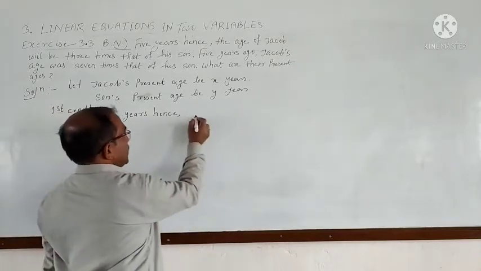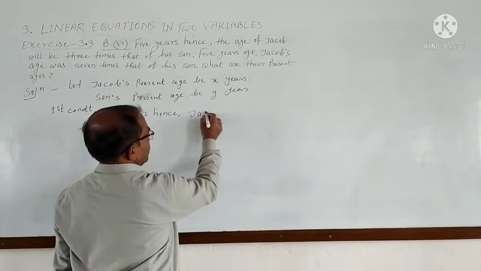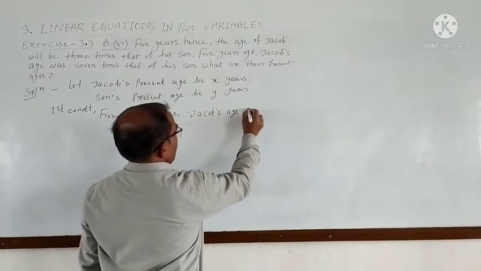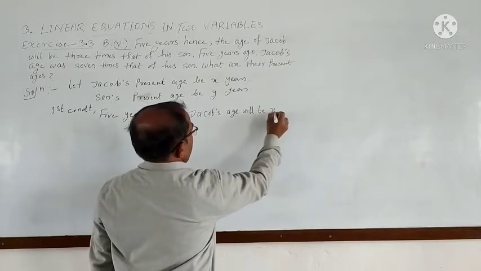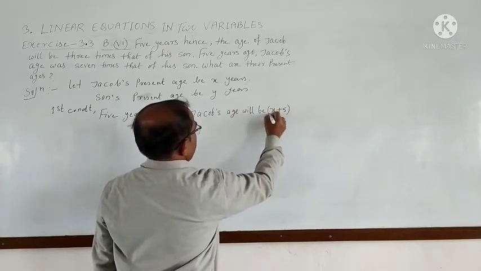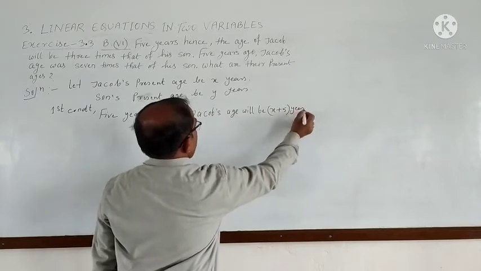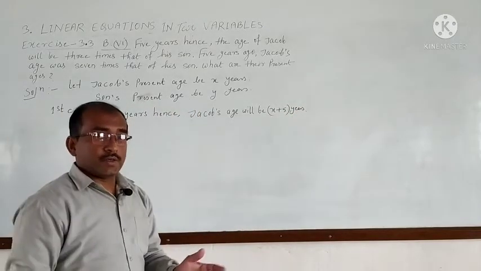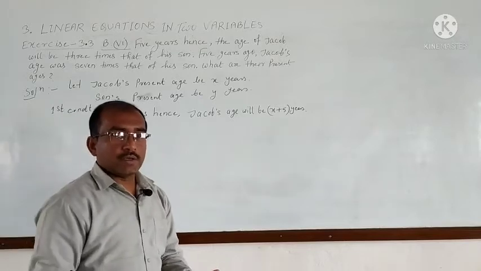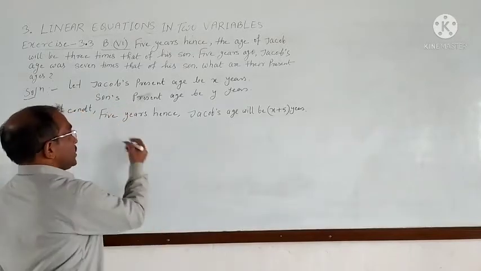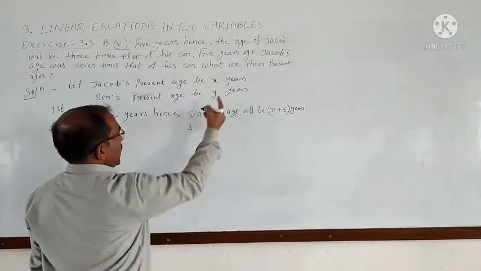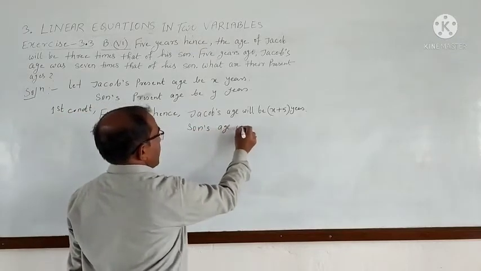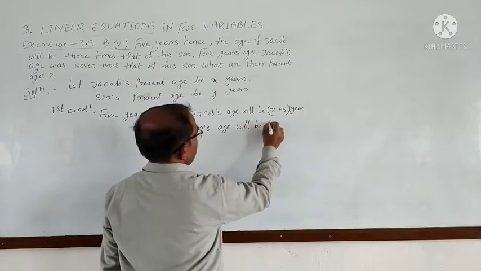So 5 years hence Jacob's age will be x plus 5 years. Only Jacob's age will increase by 5 years, or everybody's age? Everybody's age will increase. So his son's present age is y years, and the son's age will be y plus 5 years.